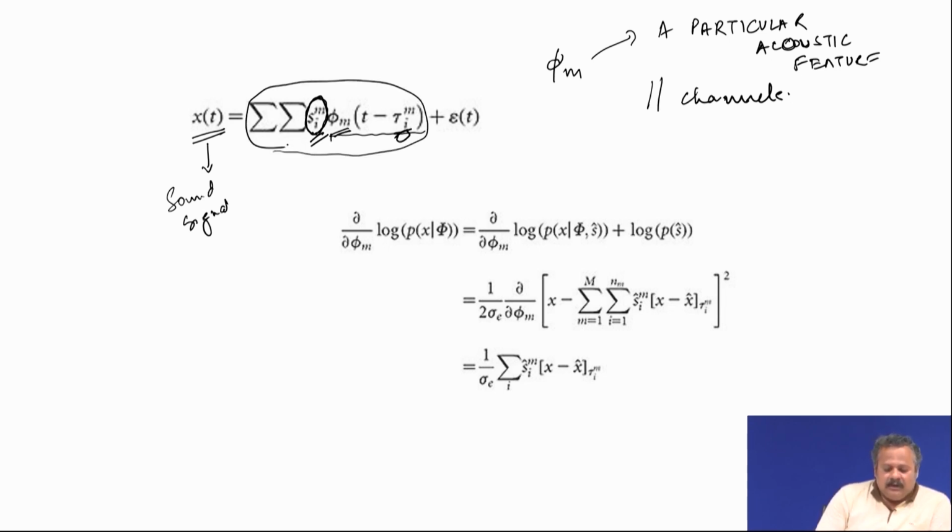So s is simply like the activity of each unit. The only thing is that this activity is present at multiple time points, whenever that kind of acoustic feature is present in the sound being analyzed, and within that channel. The remainder is the residual, the remaining error, which needs to be minimized.